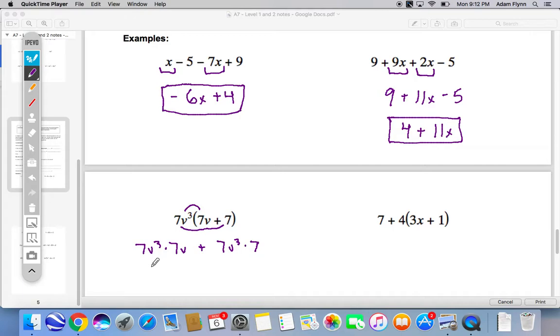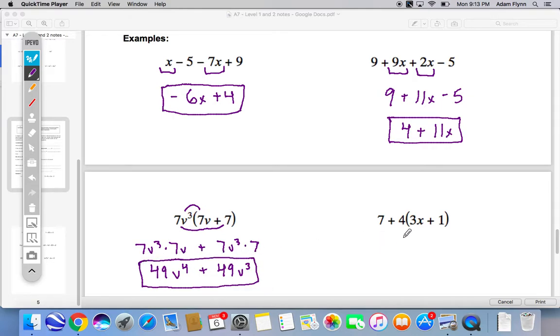So 7 times 7 is 49, and I have v cubed times v, same thing as 3 plus 1, so v to the fourth, plus 7 times 7 is 49, and then I have my v cubed. I can't combine anything here. I'm just left with this quartic binomial, so that'll be my new solution.